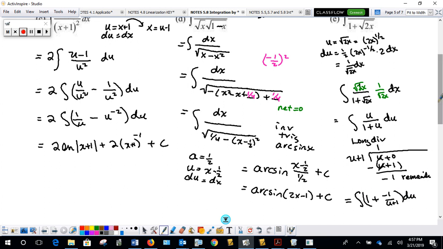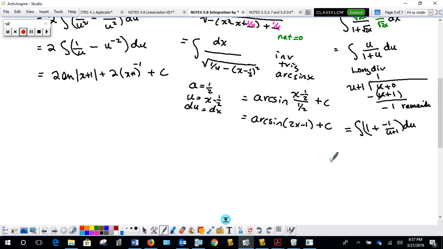So at that point, I can now split this, and I can integrate 1 du minus, I can integrate 1 over u plus 1 du. This is a log rule. I've already used u, so I'm going to use a different variable. V equals u plus 1. dv equals du.